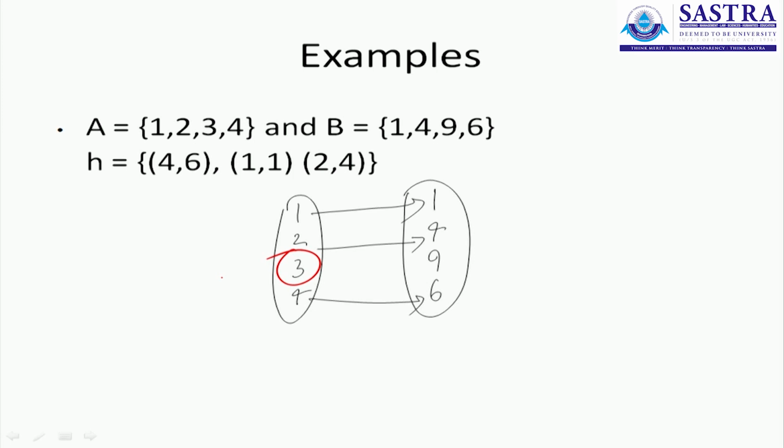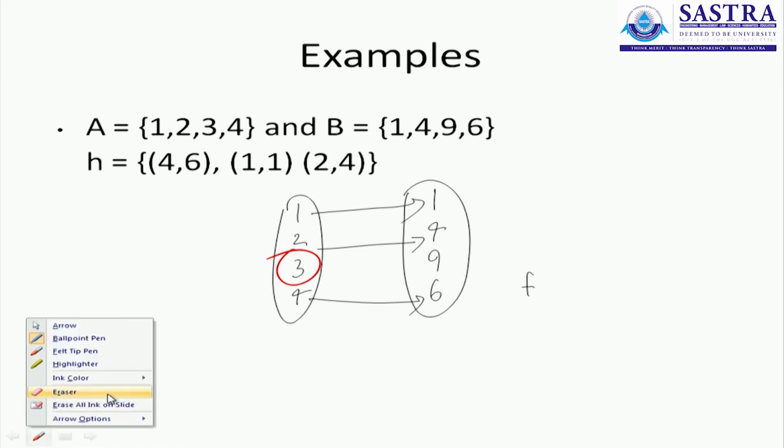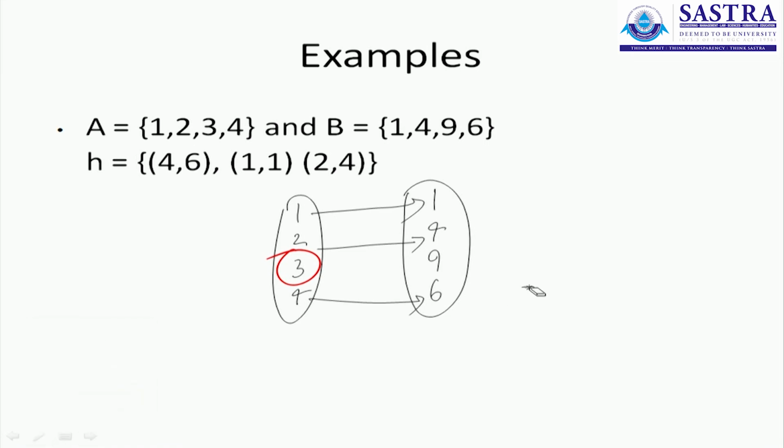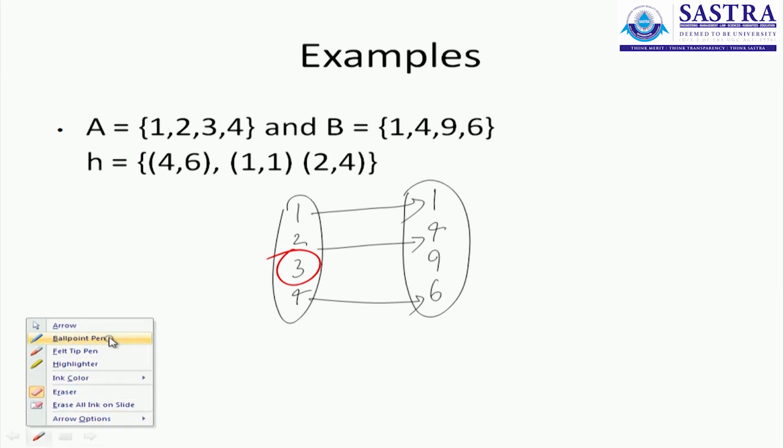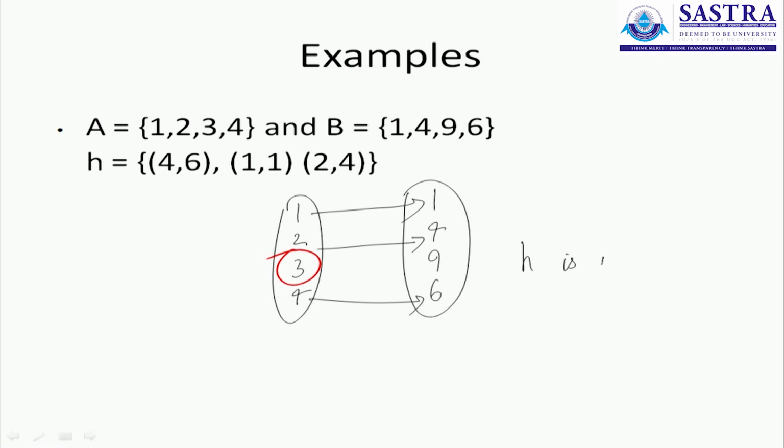So an ordered pair for the element 3 is absent. Now when we defined, we did say that every element should have 1 and only 1. So the minimum guarantee is that it should be 1, it can't go more than 1. 3 is not assigned to anyone, and therefore H, as we call it here, is not a function.